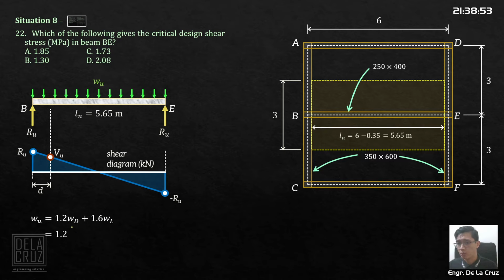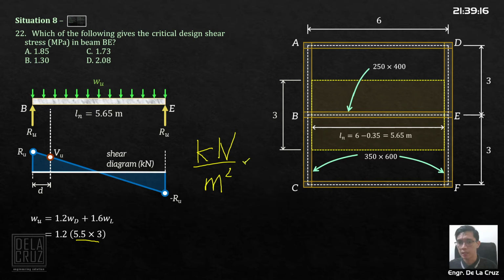So, 1.2, take note the dead load given is 5.5 kilopascal. So, 5.5, i-multiply natin ng tributary width para maging kilonewton per meter siya, no? Para maging kilonewton per meter. Take note, kilopascal is kilonewton per square meters.